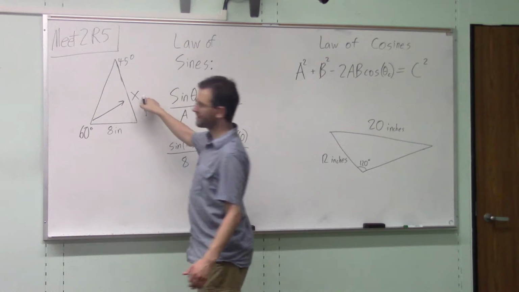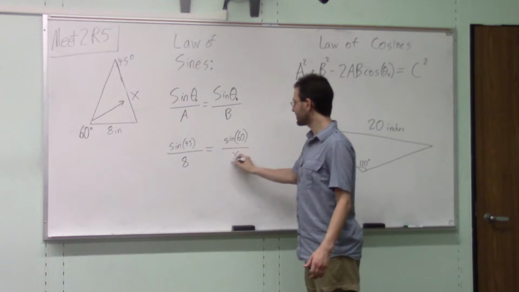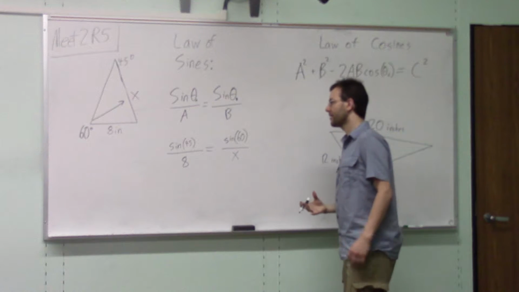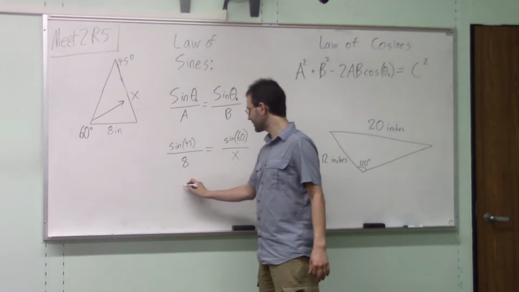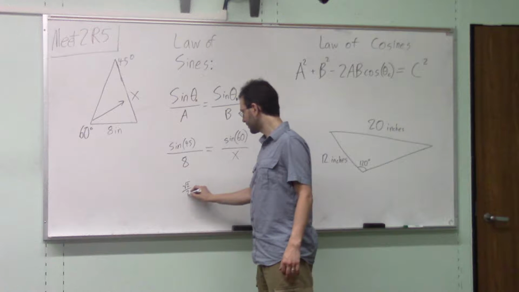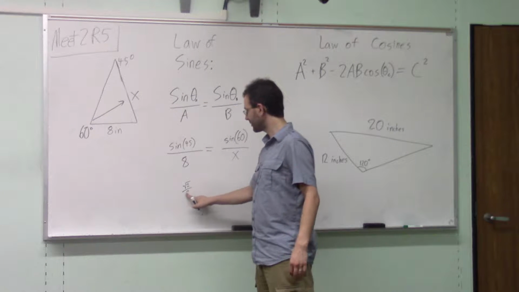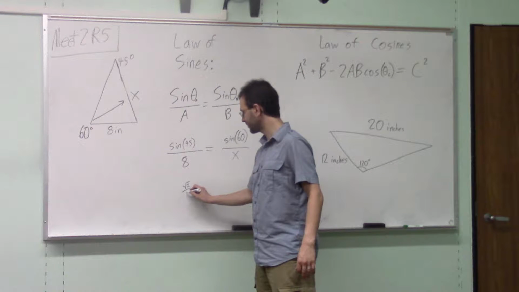So if I want to find this side, I can do that using this equation. The sine of 45 degrees is root 2 over 2. Then divide by 8 would give you root 2 over 16.